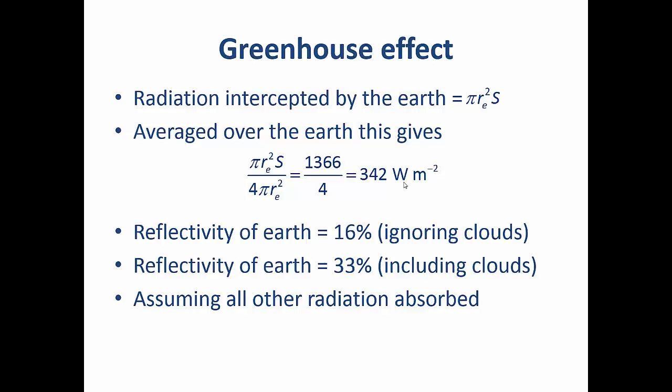Now the Earth is reflective. The reflectivity is 16% if we ignore the clouds, it is 33% if we include the clouds, and that's assuming all other radiation is absorbed.